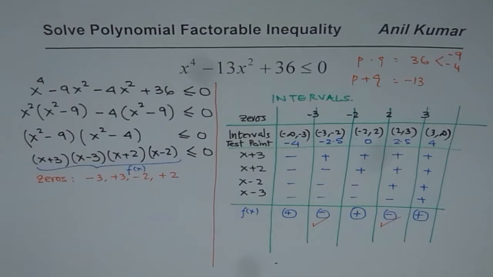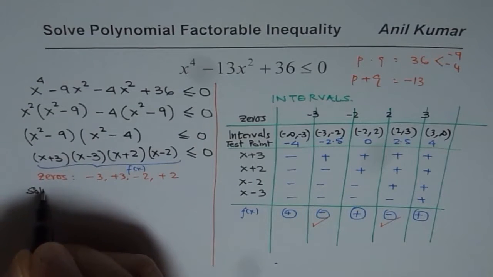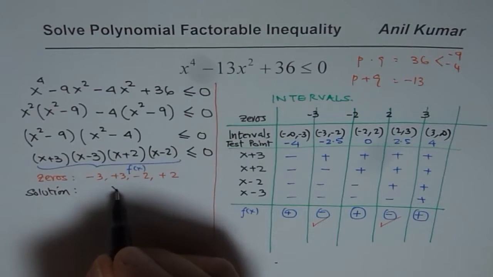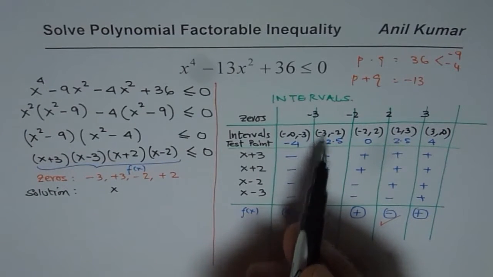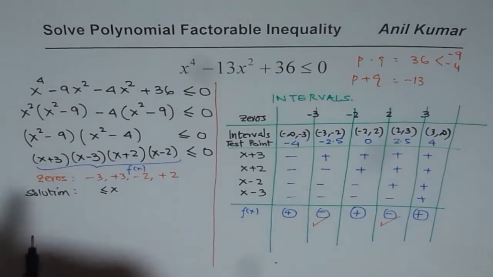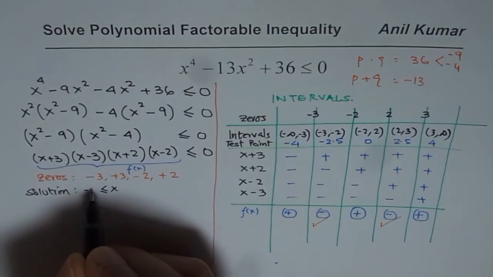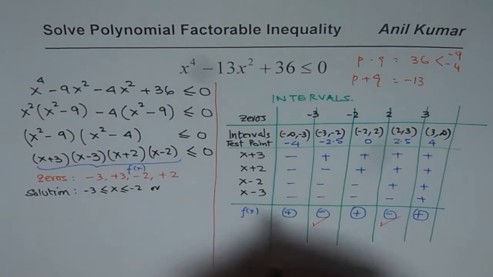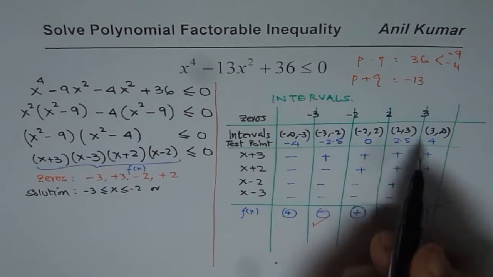So we can now write down the solution for the inequality. The solution is, we can say x is between this interval, where we should include both the zeros because of that sign there. So it is between minus 3 and minus 2, or the other one is between 2 and 3, right?